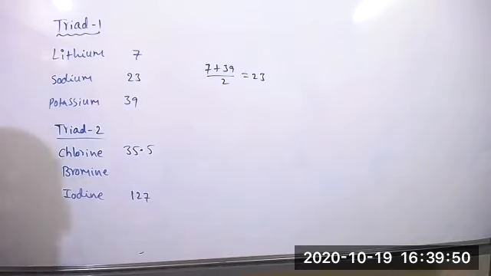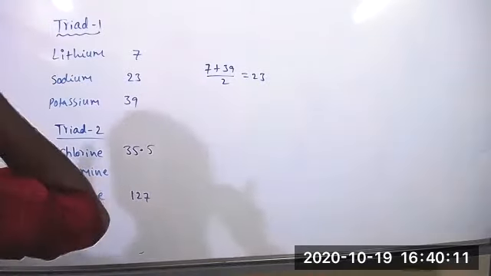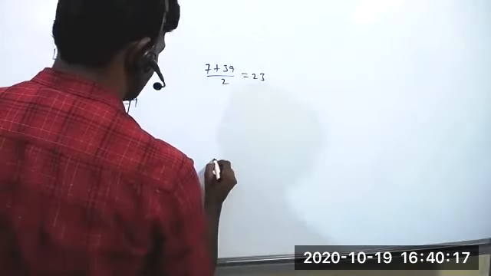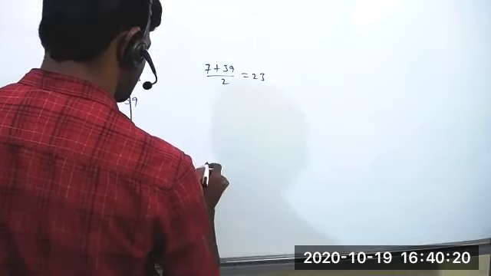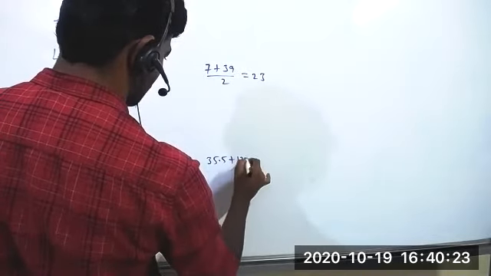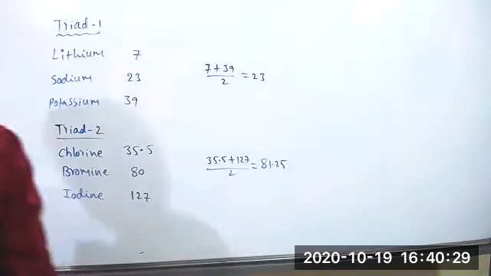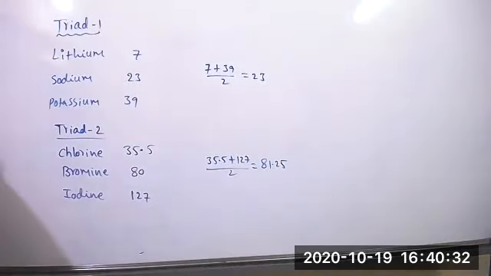Calculate quickly. 127 by 2 gives 81.25. Actually, the mass of bromine is 80, so it is a closer value. It's not mandatory always to be equal, but a closer value is also correct.